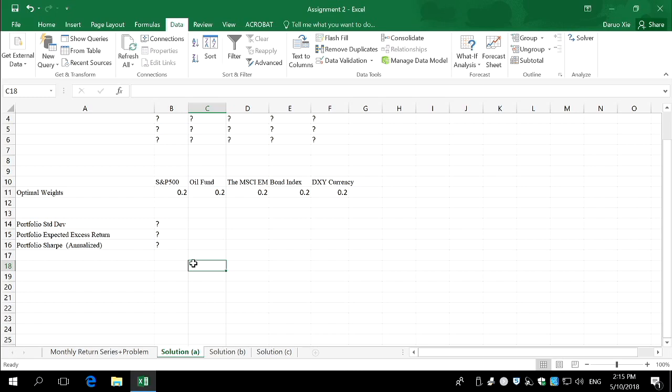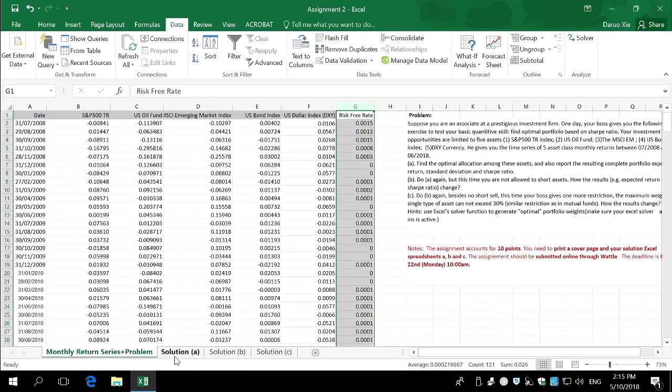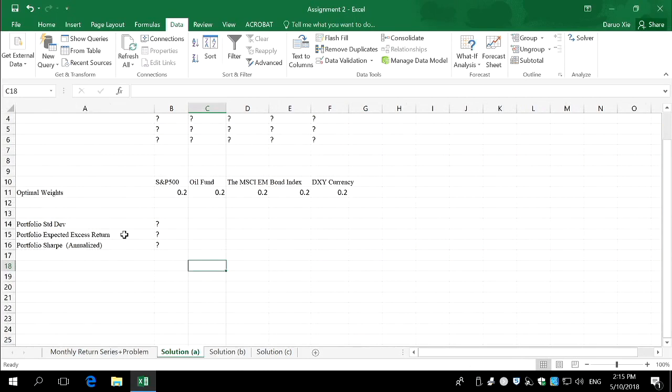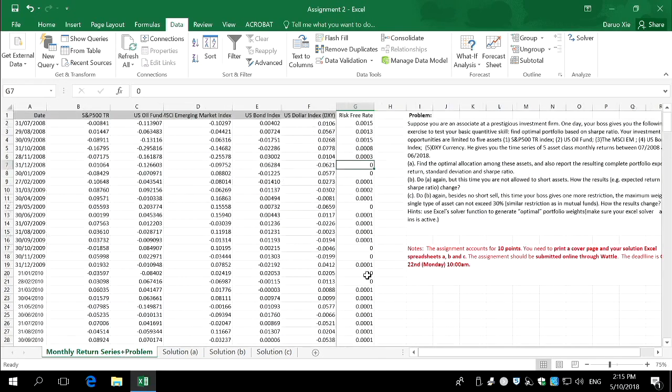Yeah, you can just use the average of the risk-free rate. You don't have to subtract the risk-free rate every step. You don't need to care much about the risk-free rate until the last step, until here. Then you subtract the risk-free rate. Before this step, you don't need to worry about the risk-free rate.